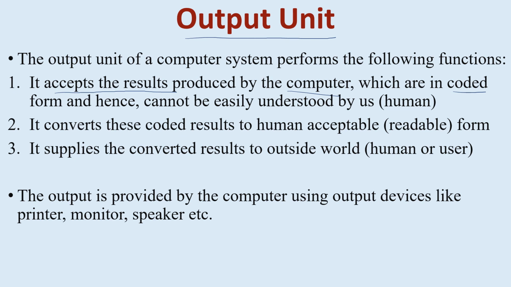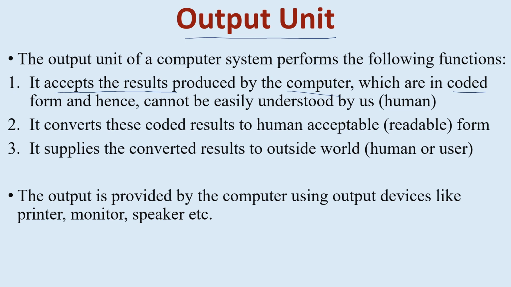So when the computer system performs any calculations, it generates output which is in a form which the computer understands but which we do not understand. So it accepts the results produced by the computer which are in coded form and therefore cannot be easily understood by human beings.